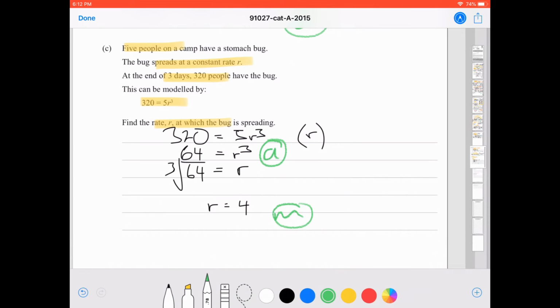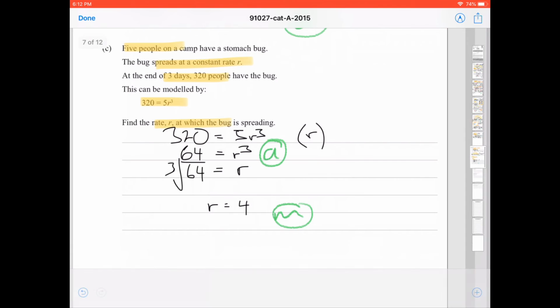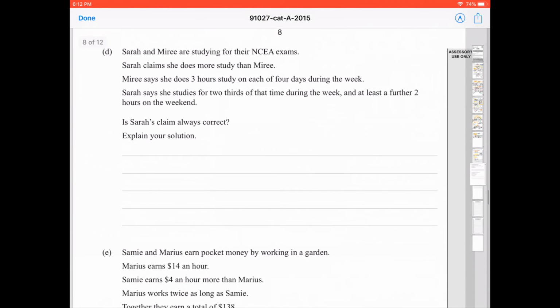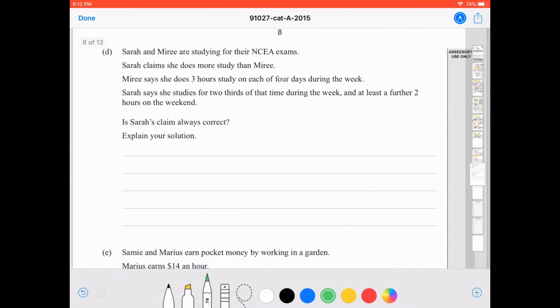Okay, moving on to question 3D now. It says Sarah and Marie are studying for the NCEA exams. Sarah claims she does more study than Marie. Marie says she does 3 hours study on each of the 4 days during the week.